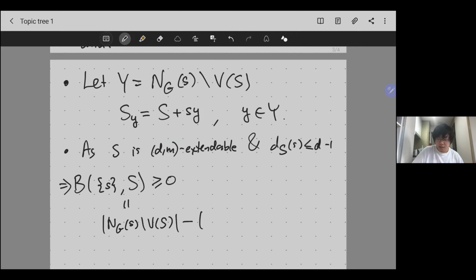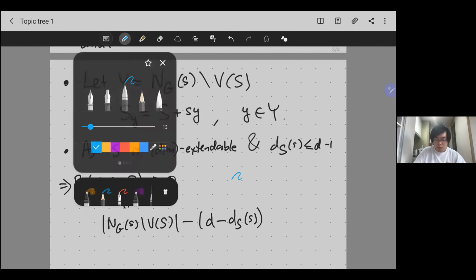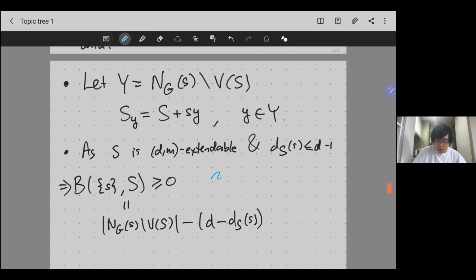Minus its liability, which is now, since S is just a singleton, D minus d_S of S. Recall one more time: usually b_S(X) equals the first term, minus the sum over the appropriate vertices x in X intersect V(S) of d_S(x).